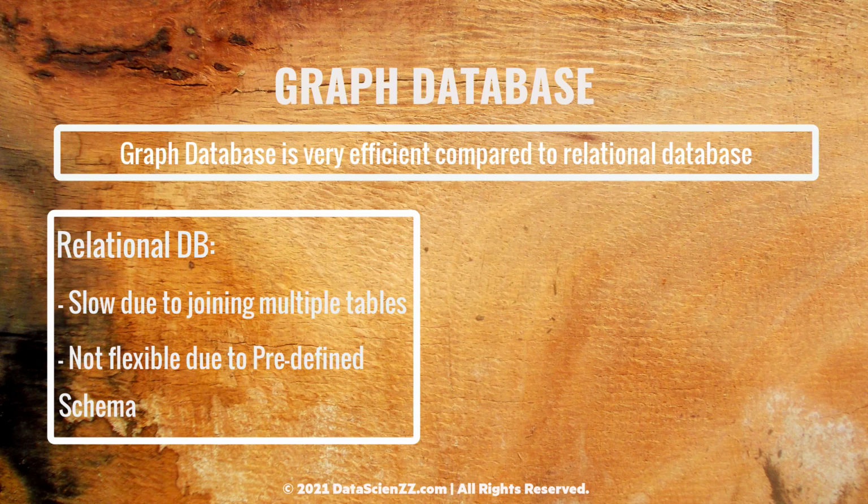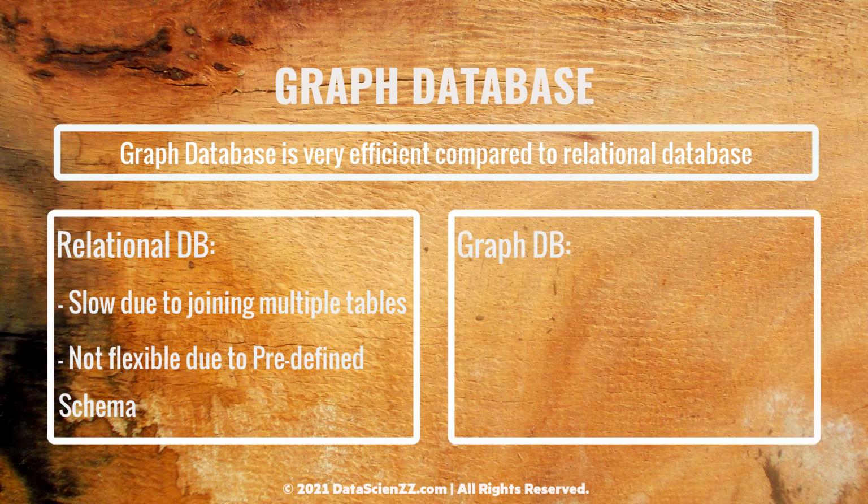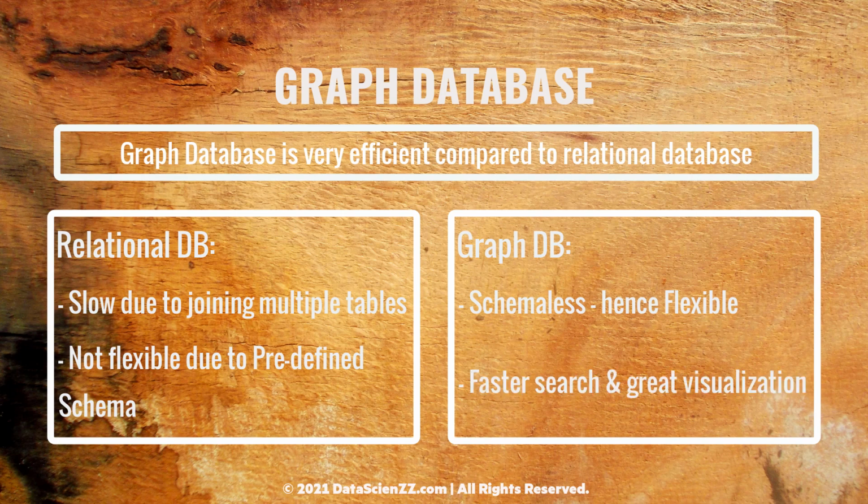A graph database, on the other hand, is flexible and works without any predefined schema. Hence, it allows the user to store different kinds of objects and relationships in the form of a graph. A graph database also helps with quick search, as all information is connected together. Also, it is easy to visualize the relationships in a graph.